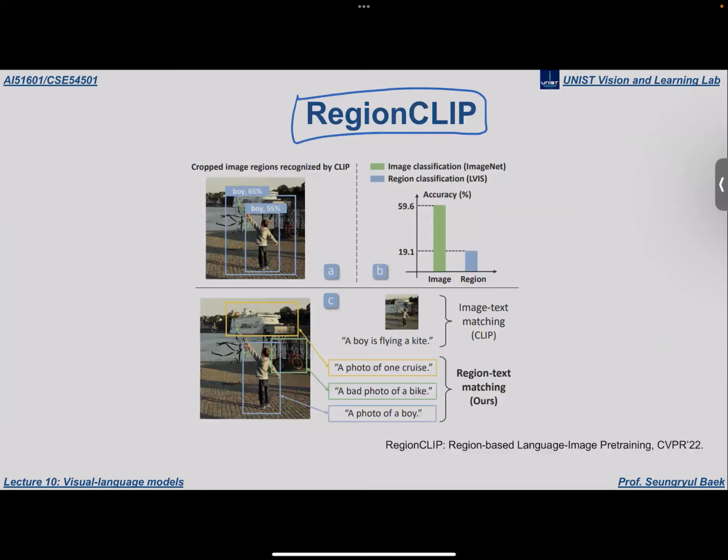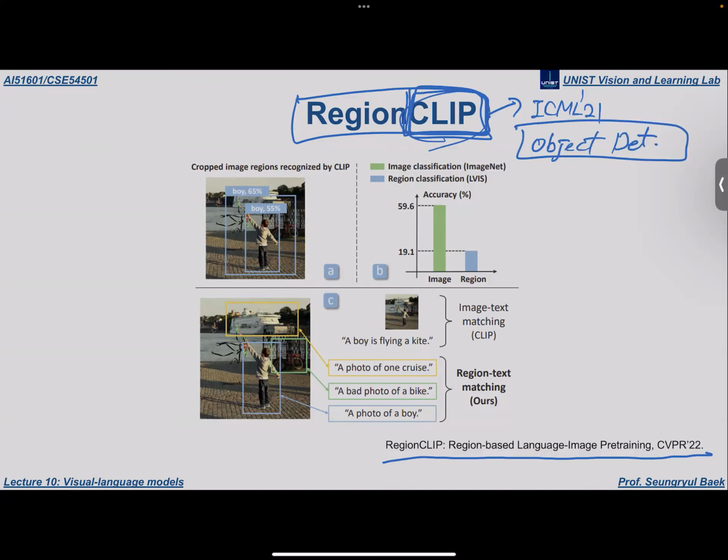And then this is RegionCLIP. The paper was published in CVPR 22, and the paper name is RegionCLIP. We already learned about CLIP, which was published in ICML 21. After CLIP, some people extended it towards the object detection task.